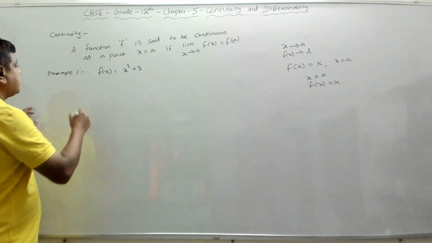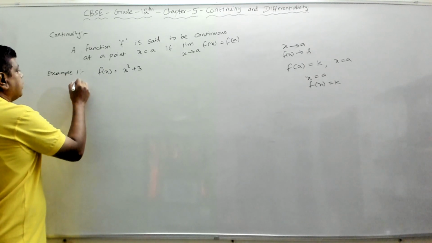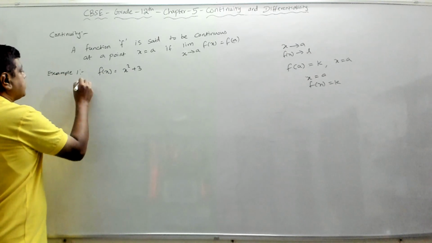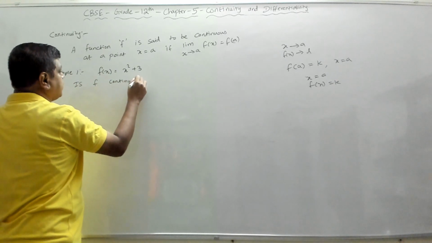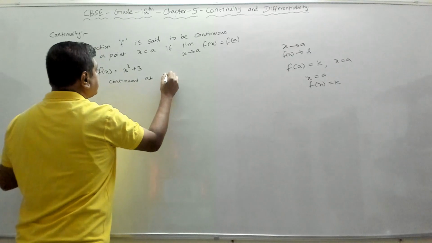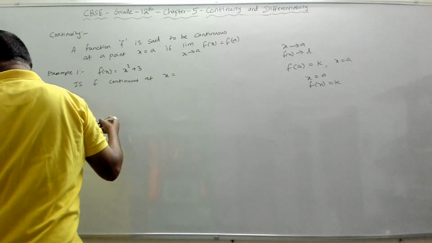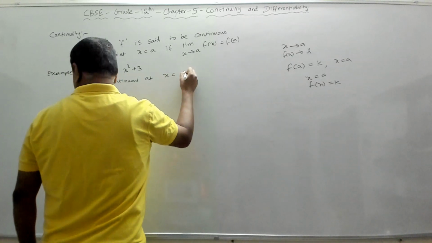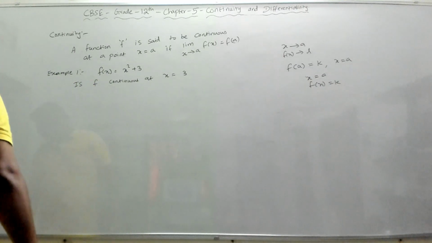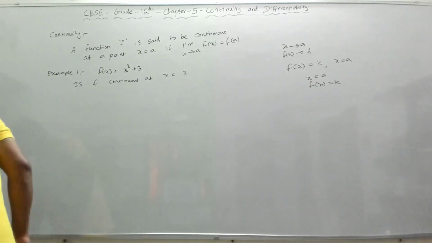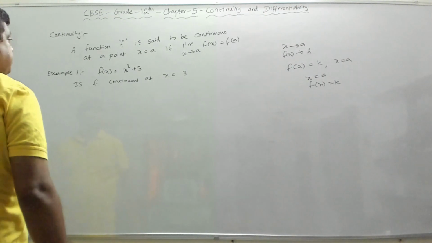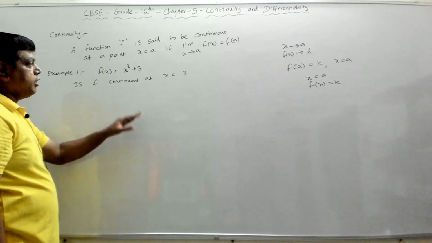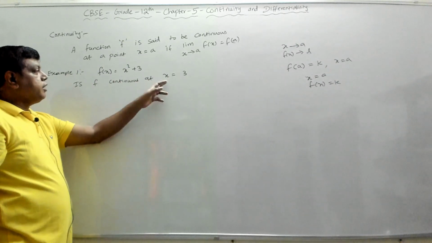Now the question is: is f continuous at, we can choose any point, suppose x is equal to 3? We want to check whether f is continuous at the point x is equal to 3.